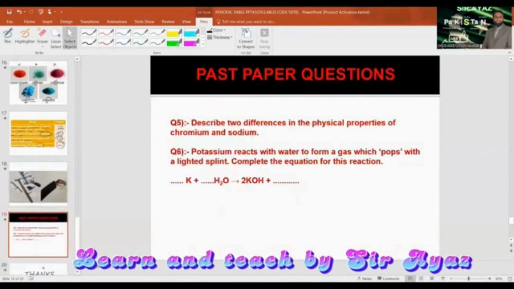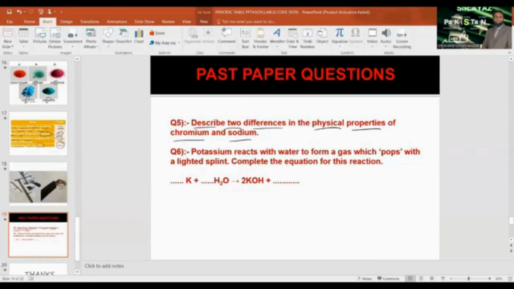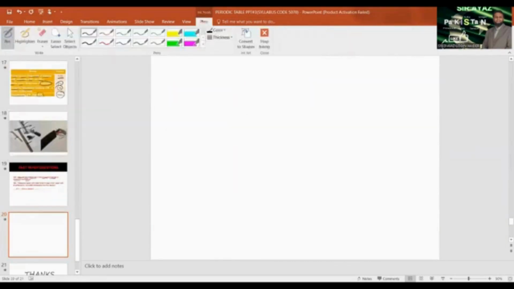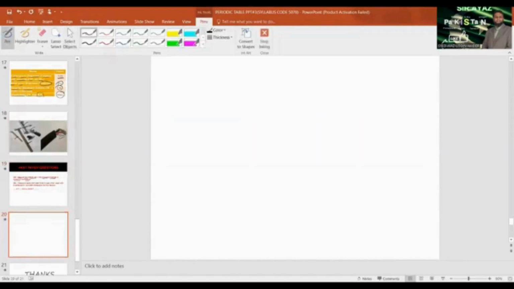So we have past paper questions. Describe two differences in the physical properties of chromium and sodium. Looking at the position of chromium and sodium, chromium is a transition metal. So you can write any of these differences between these two. We have chromium, sodium.